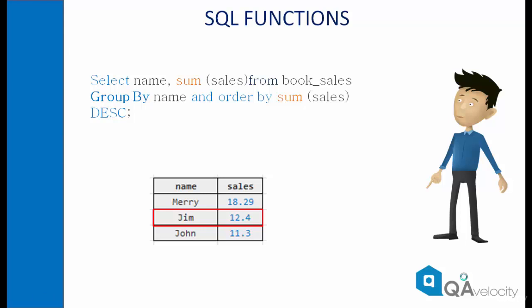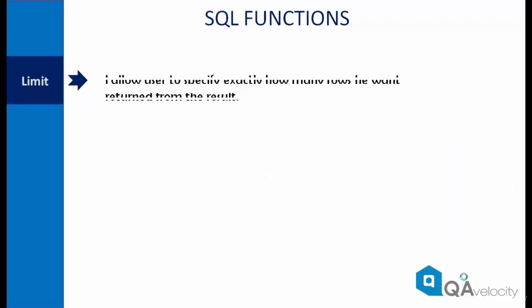Alright, in our case there are only 3 employees, so we can easily find who is in second place. But if we wanted to be even more precise, we could limit the number of results to the top 2 employees. And for that, SQL provides a keyword limit. Let's see how exactly the limit keyword works.